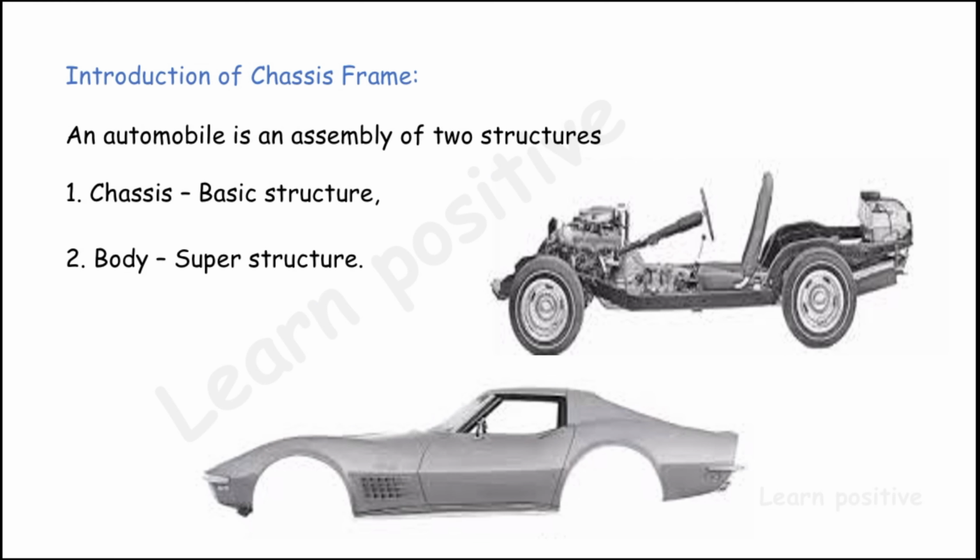In the next semester, there is a subject called automobile bodybuilding technology. In that subject, we will cover the superstructure, that is the body of different vehicles. And now we are going to see the basic structure, that is the chassis.